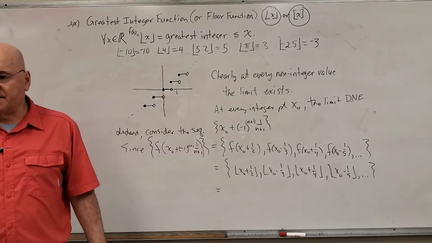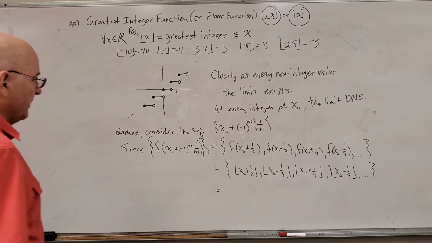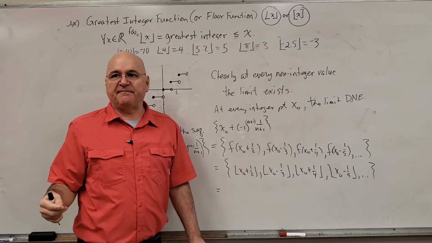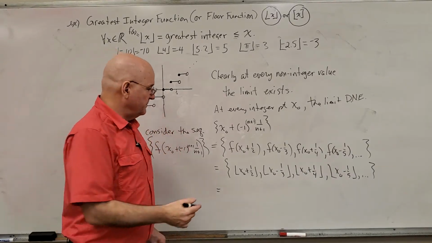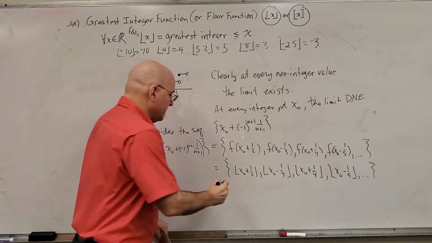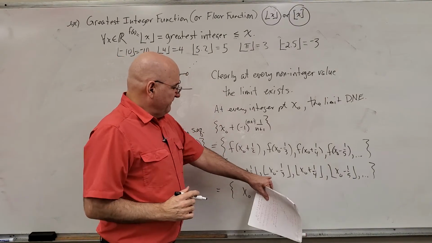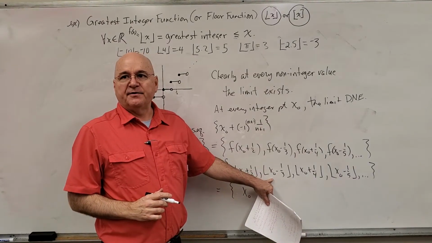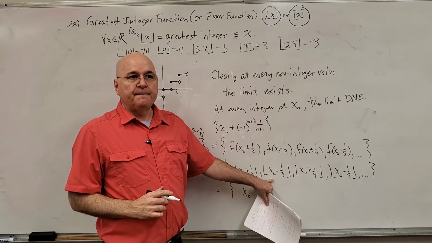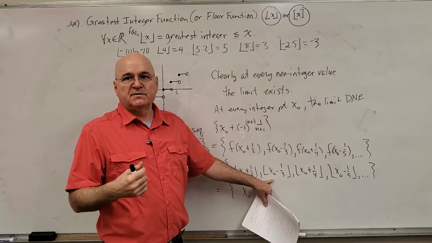And since x0 is an integer, these numbers are easy to compute. What is the floor of x0 plus 1/2? x0 is an integer, so it's just x0. What's the floor of x0 minus 1/3? Just put a number in there.